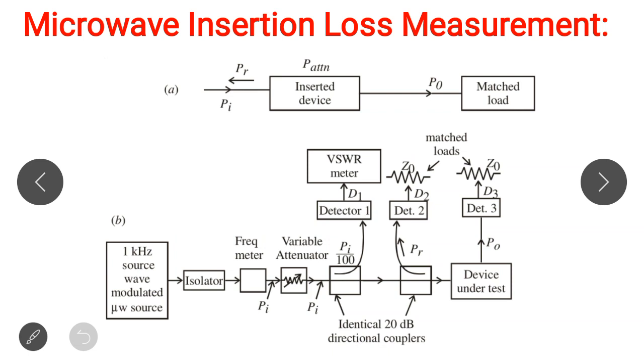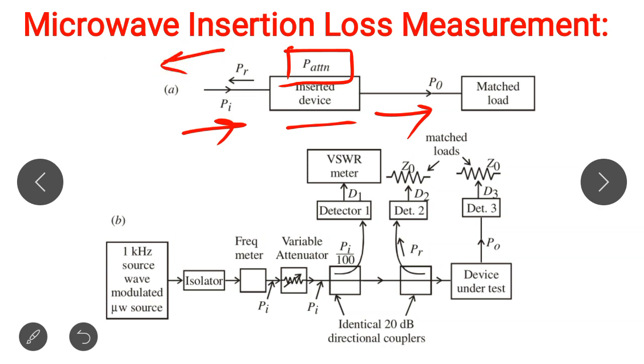This figure A shows that we are feeding a power Pi to a particular device. In the device there will be the attenuation, that is P attenuated, and from the device output P0 will be transferred to the matched load, and from the device PR will be reflected back.